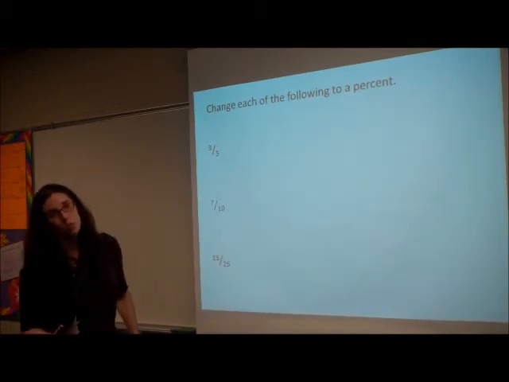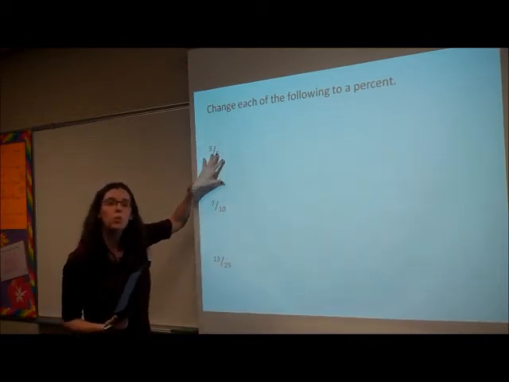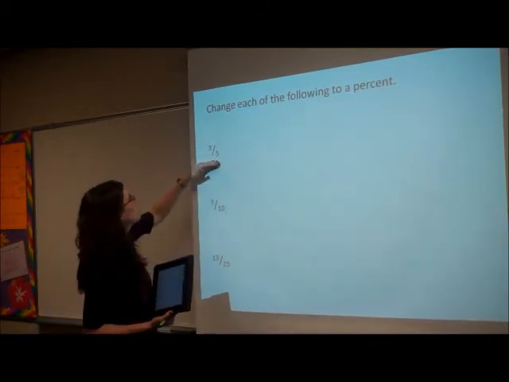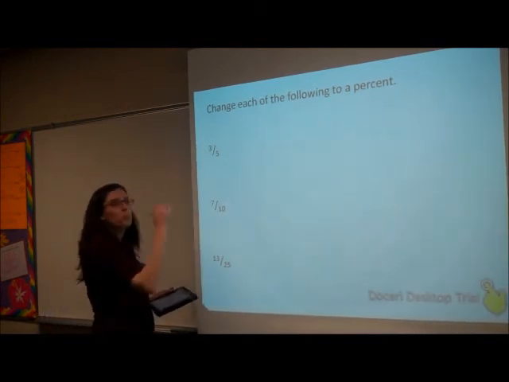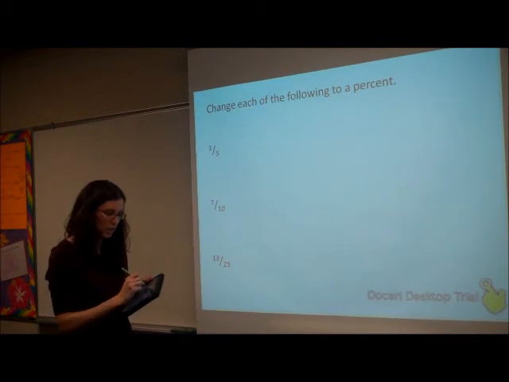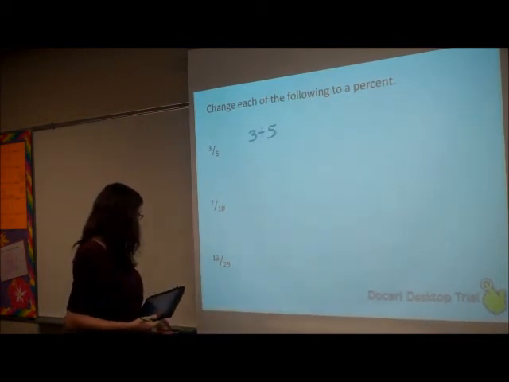Alright, the ones with a couple steps. We're beginning with a fraction and we want to write it as a percent. So I'm starting with 3/5. For these you want to start by taking your numerator and dividing it by the denominator. So I take 3 and divide it by 5.